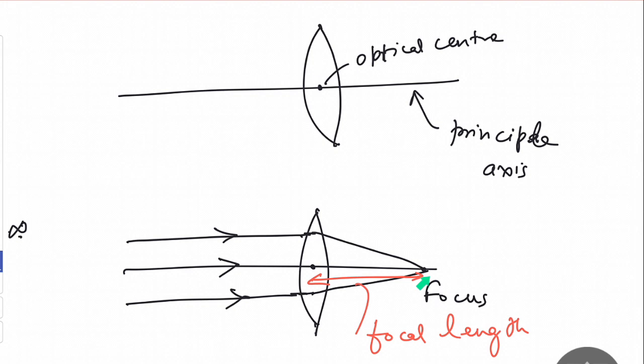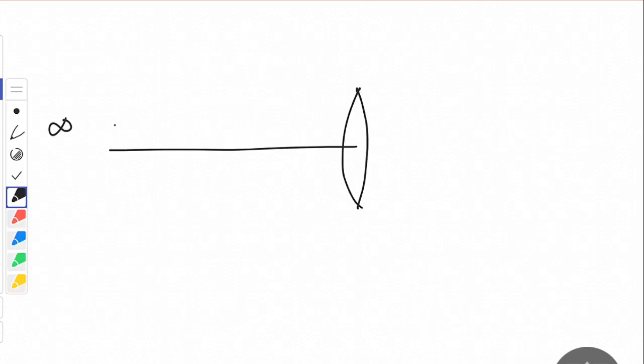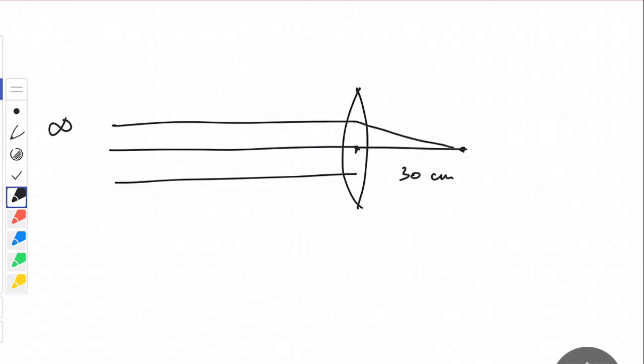Okay. So now let me ask a simple question. Let us say there is a lens like this, and there's an object which is very, very far. Object is at infinity, and the image of the object is formed at a point which is, say, 30 centimeters to the right. So all the rays coming from here, they all meet at a point which is 30 centimeters to the right.